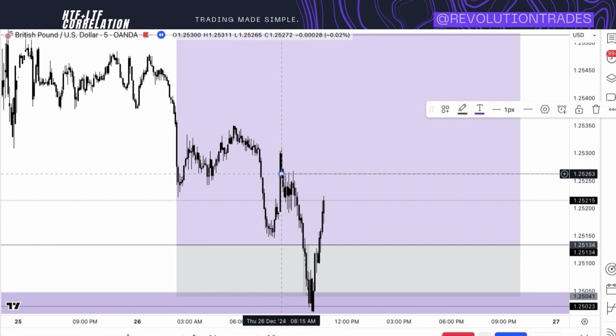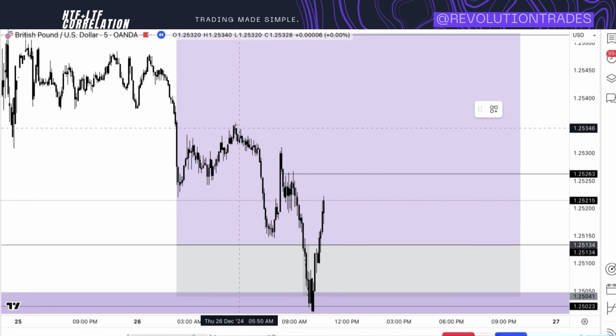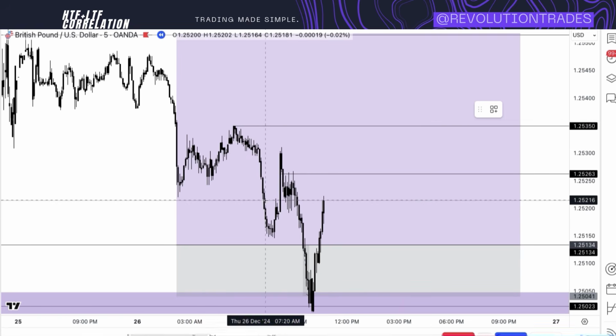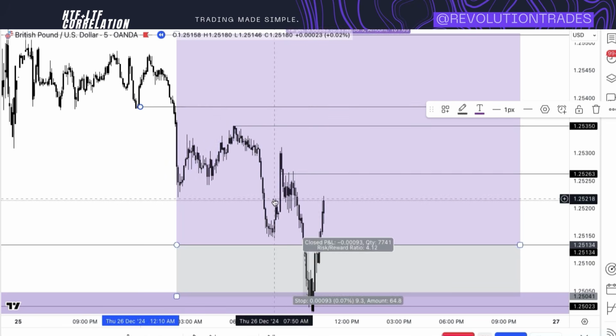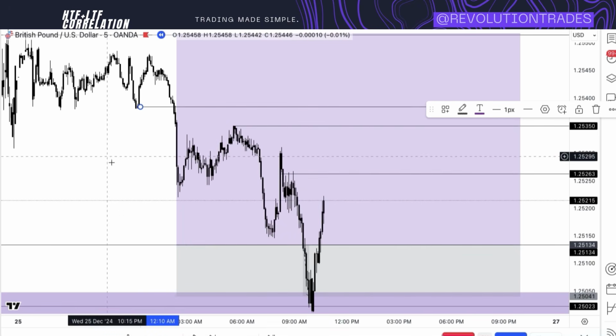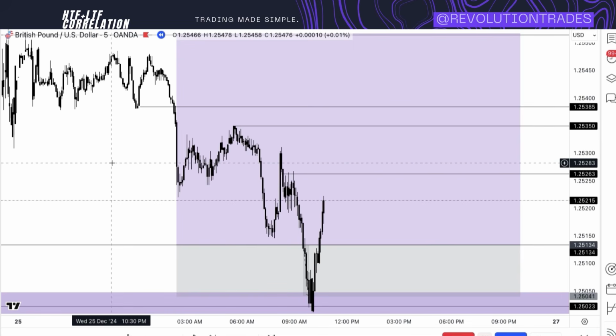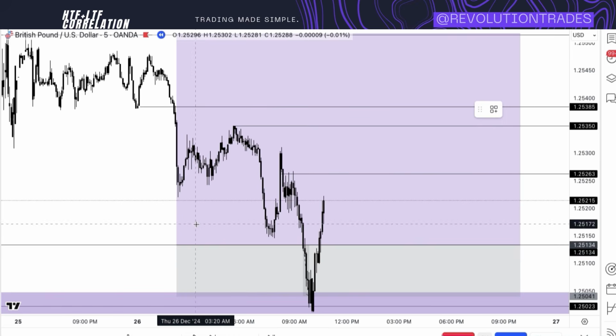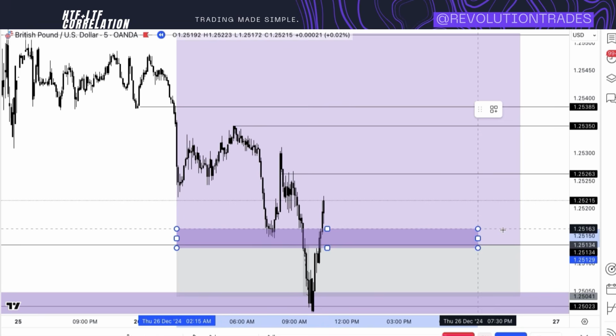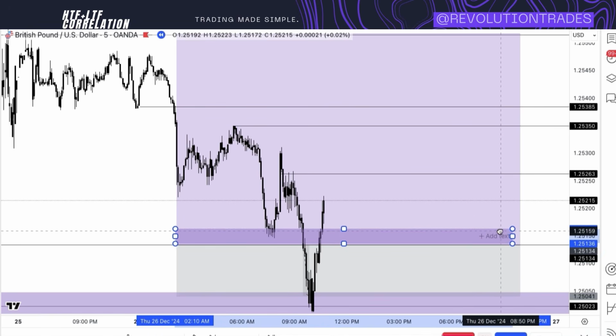Okay, we want this level to be broken next, this level next, maybe this level next. You just want price to continuously break previous highs because you're in buys, right? One thing you want to remember is that price needs to react on the 15-minute time frame.